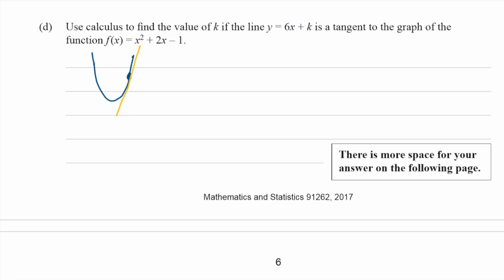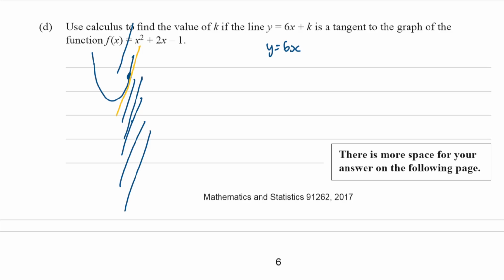Okay, but now this plus k, what that's telling us is it could be a line down here or up here or all the way down here. We don't know, right? We're trying to find the value so that it is tangent to our graph. Once more, if they said y equals 6x, we know the gradient is 6, like all of those lines I've drawn.